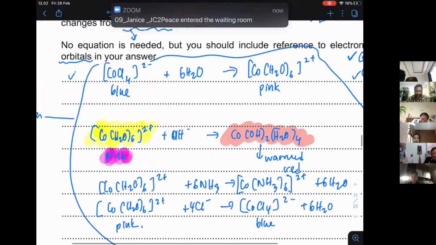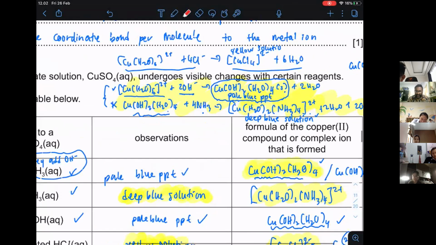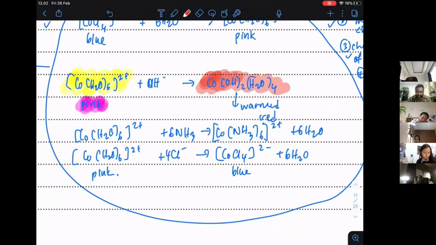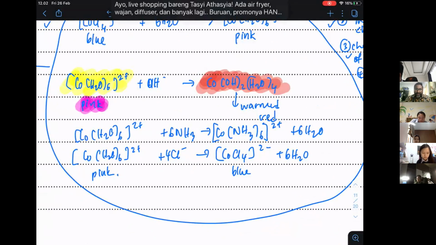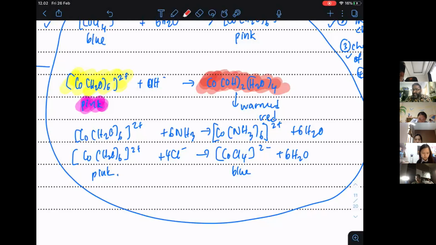You can see here, similar to copper, when you add it, you are going to get something similar to copper also. So nothing special. But the color, they didn't mention it in the textbook, but they mentioned that when you warm this, it means when you heat this up, you are going to get a red precipitate.